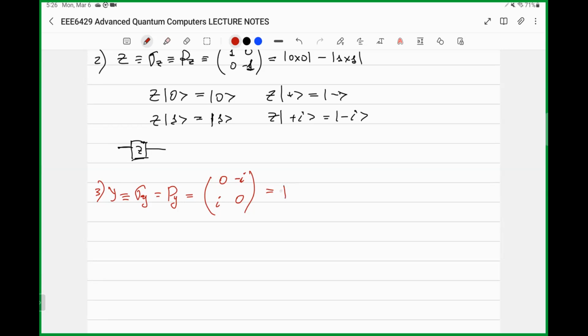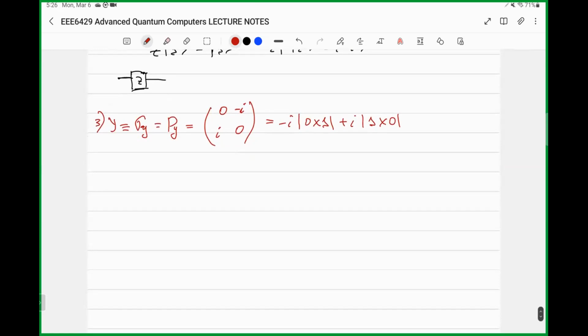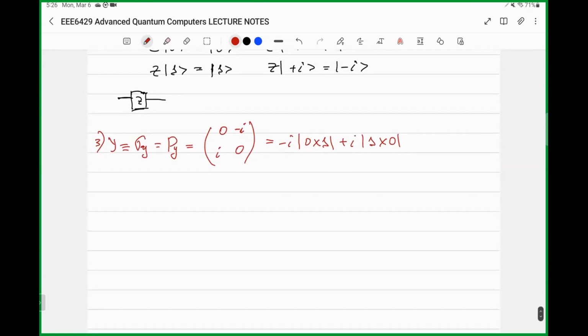In the outer product representation, it is minus i |0><1| plus i |1><0|.